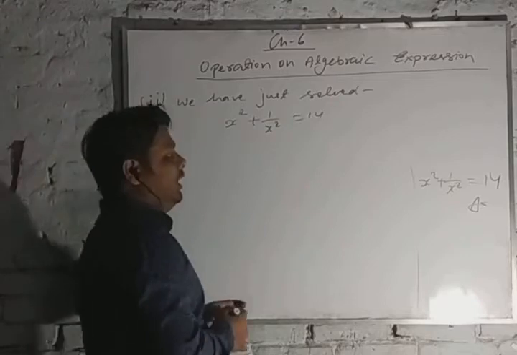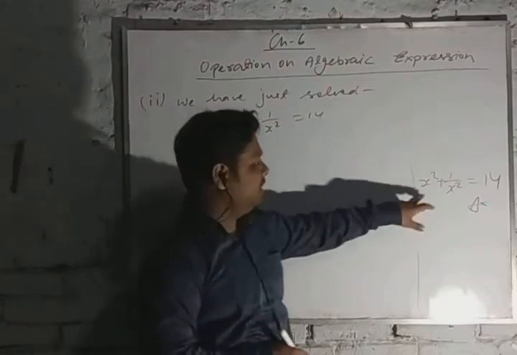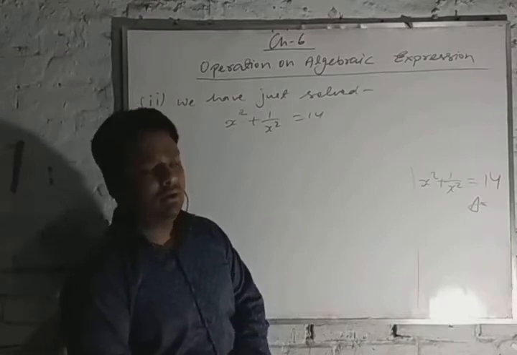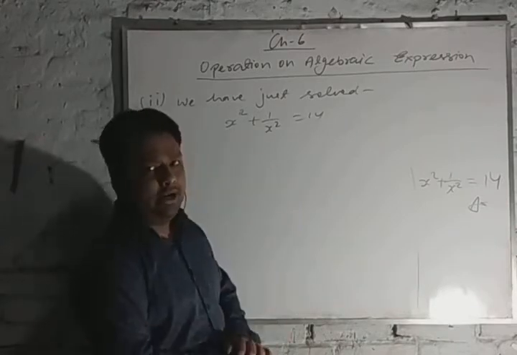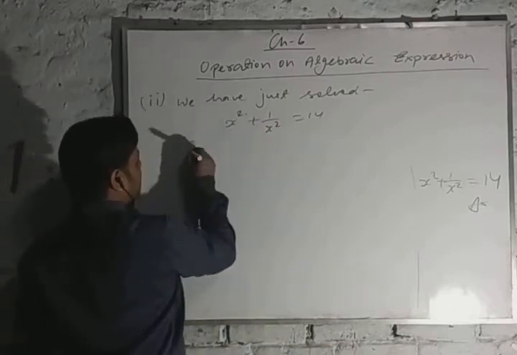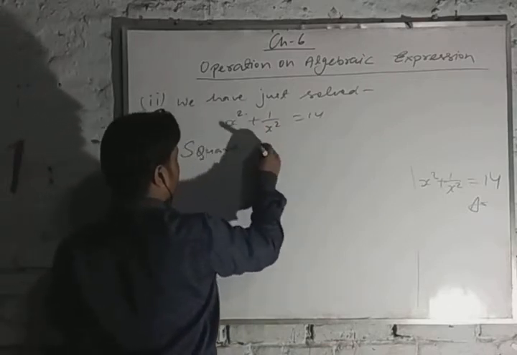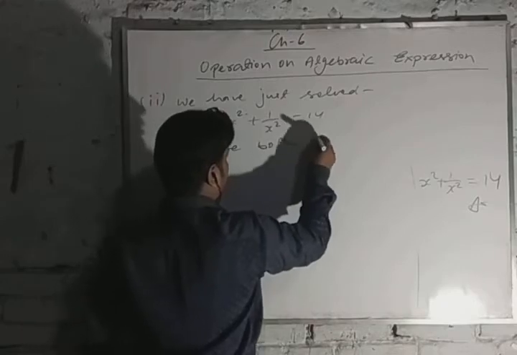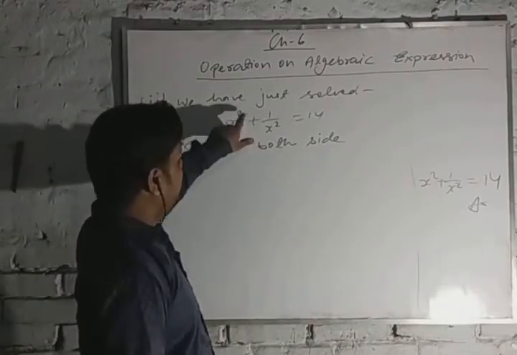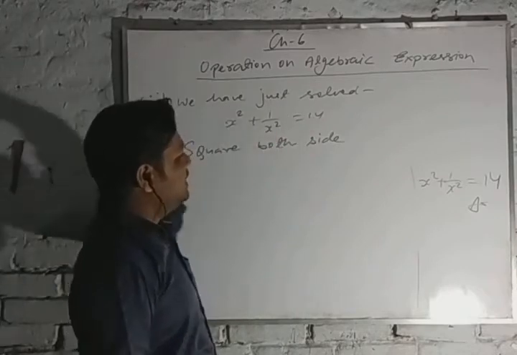Okay. Now if there is more power on x, then how can we find it? There is another method that I am explaining here. At first, you can write square both sides. Square both sides means square in LHS and RHS both.